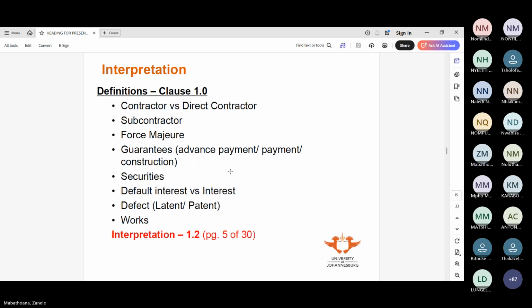The examples are like acts of war, whether war was declared or not, an invasion, or hostile acts of foreign enemies. An insurrection, rebellion, revolution, military or usurped power, and terrorism. Civil commotion, disorder, riots, strikes, lockouts by persons other than the contractor's employees or his subcontractors.